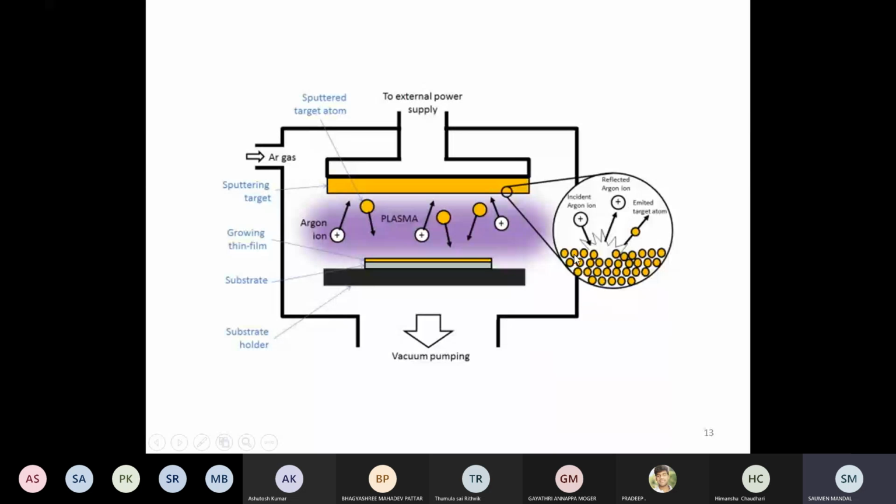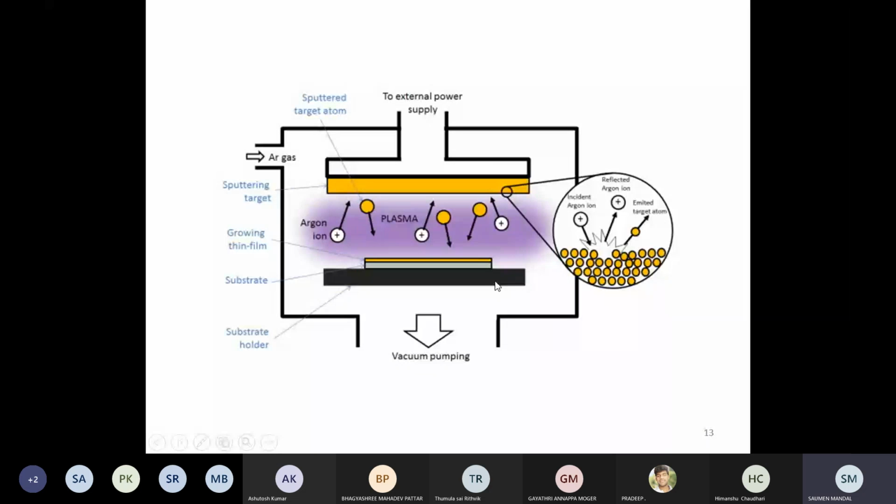So you can see the emitted target atom. This emitted target atom will be deposited on the substrate, and finally you will get a film on the substrate.